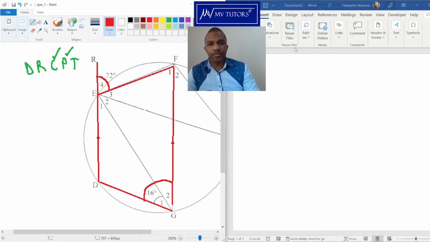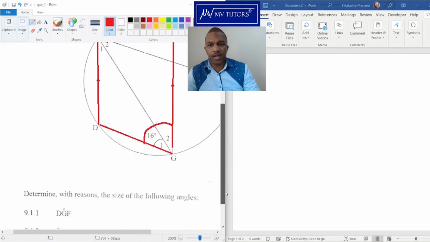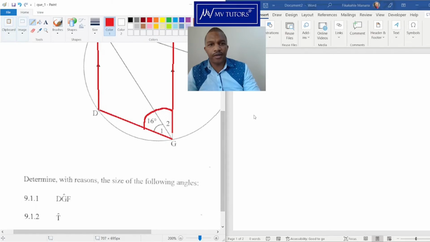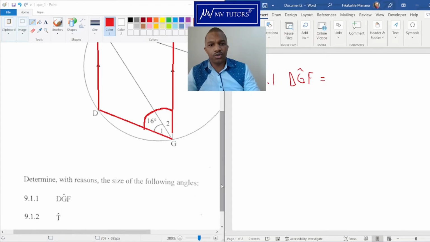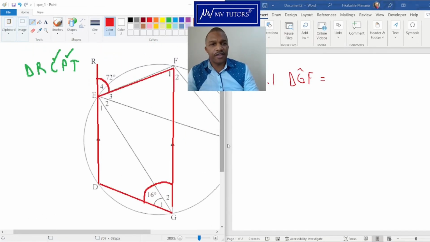So there we go. This was question 9.1.1. They say DGF. Okay, so I'm gonna say DGF is actually equals to 72 degrees. Oh, my bad.